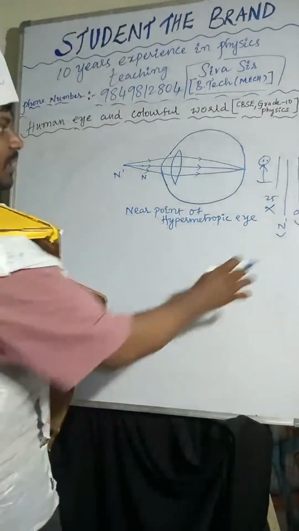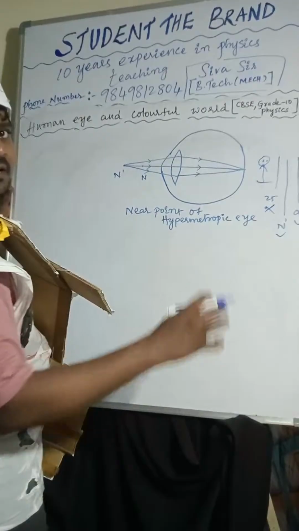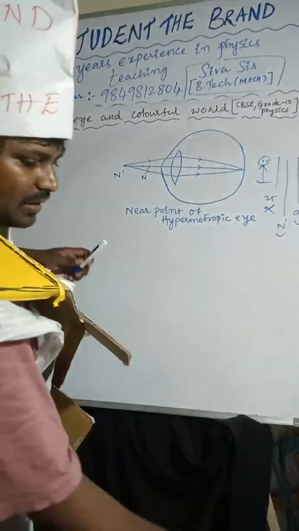So next one, he can see this one. He can't see this one. If the light rays are coming from 25 centimeters, how will it be? I'll draw one more diagram.